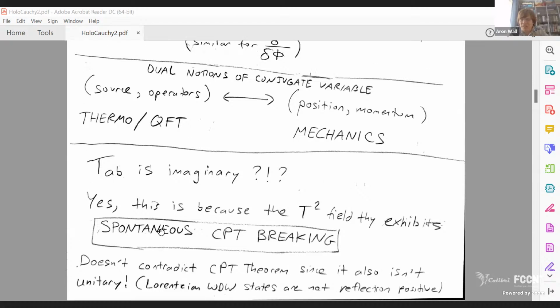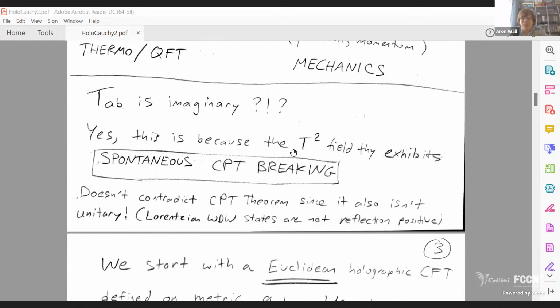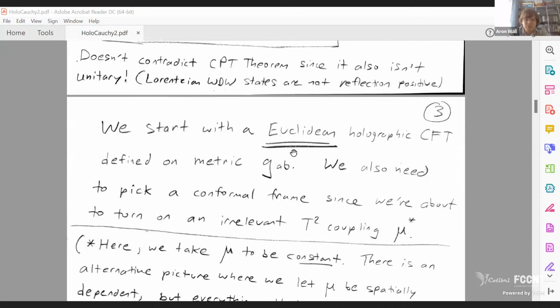It's just a fact that Wheeler-DeWitt states in quantum gravity do not satisfy reflection positivity. So if we're going to do this at all, we need the partition function of a non-unitary theory, or at least a theory that would be non-unitary if continued to Lorentzian signature.